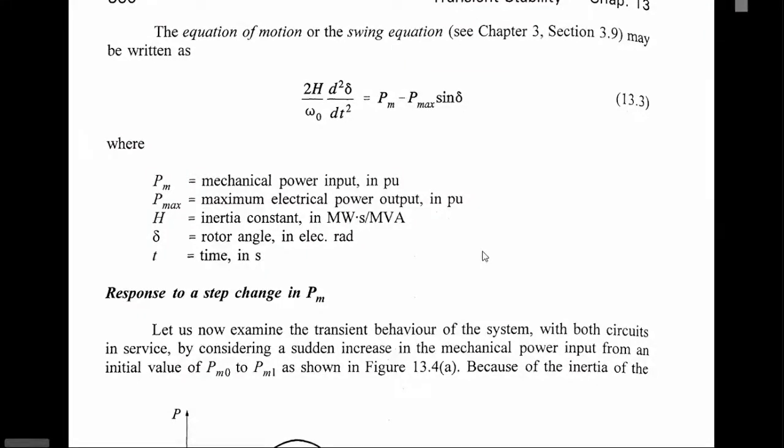So what you will do here is take the 2H by omega naught to the right-hand side, and it will become d square delta by dt square is equal to omega naught by 2H times Pm minus P max times sin delta.